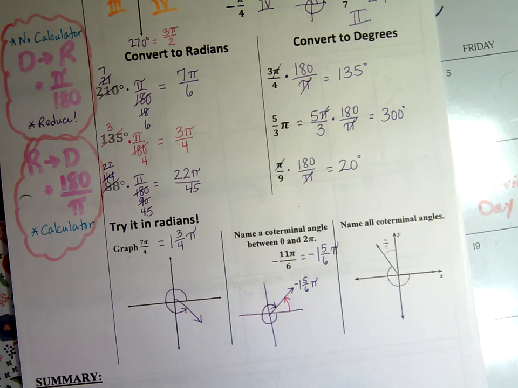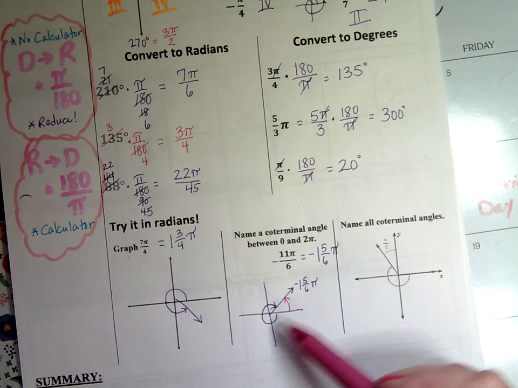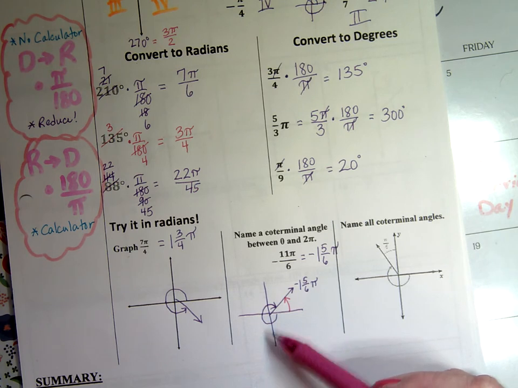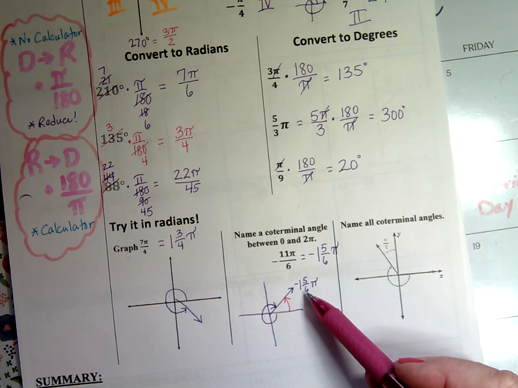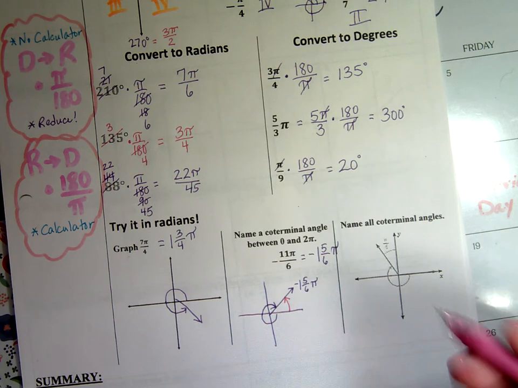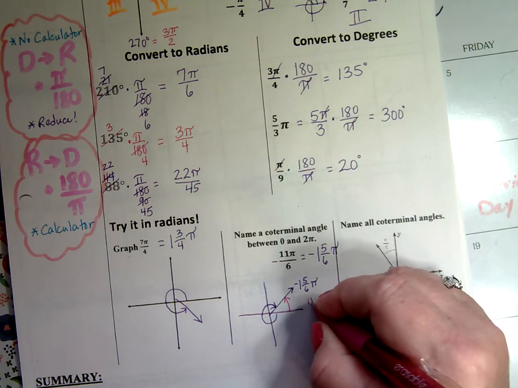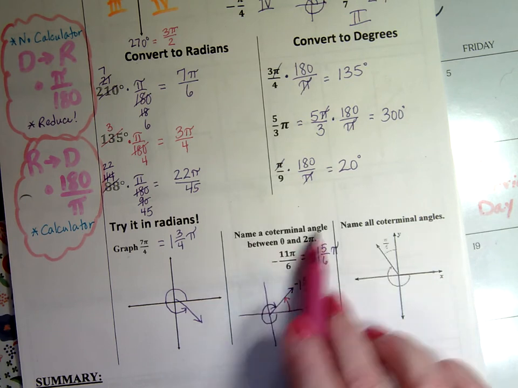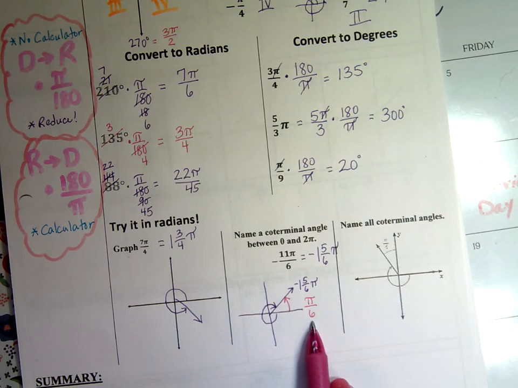If you think of this, they make a full circle together. They make 2 pi, a full circle in pi language. And so if I've gone 1 5/6, how much would I have to go to close that circle to get to 2 pi? And the answer is pi over 6. Right? Because it's a coterminal angle between 0 and 2 pi, pi over 6. Together, these add up to be 2 pi.